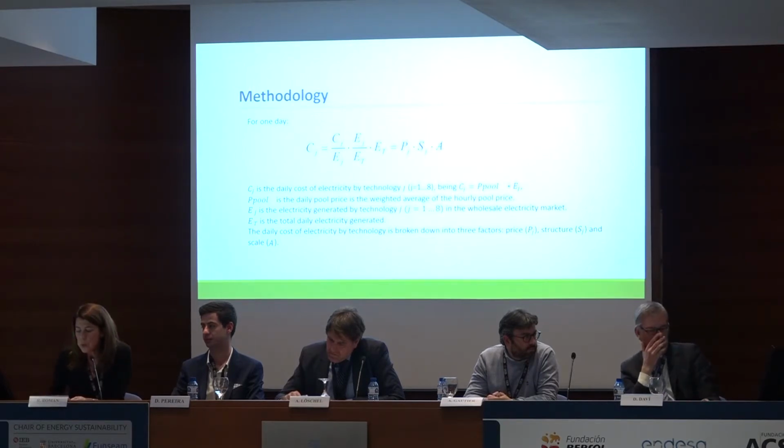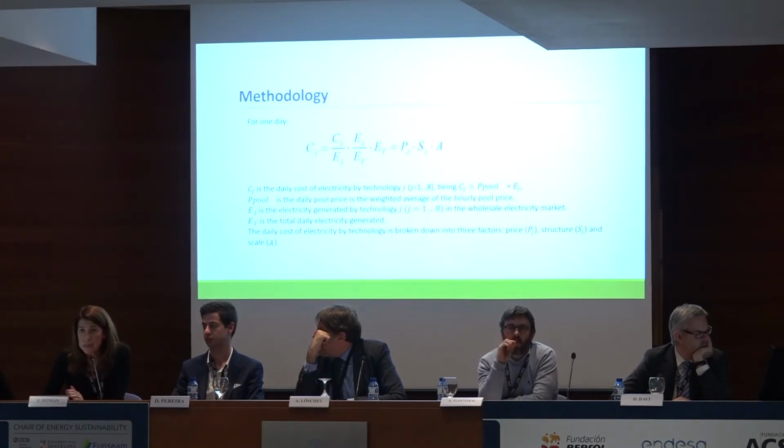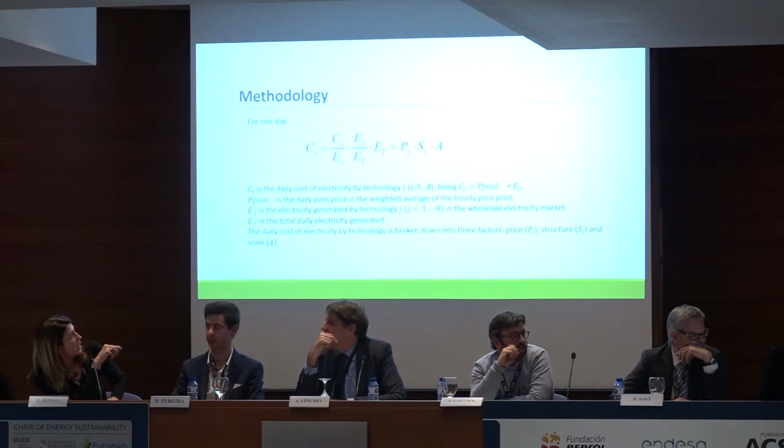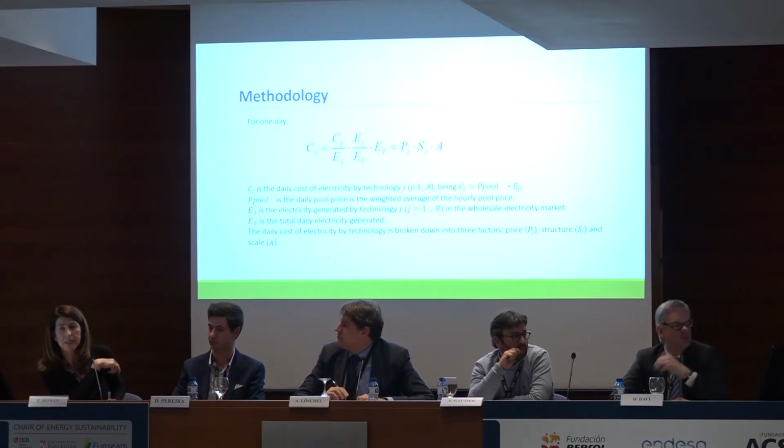So we can decompose this cost into 3 factors. The first one is the cost of electricity of one day of one technology in terms of the units of electricity generated by that technology. The second factor is the relative weight of the electricity generated by one technology with respect to the total electricity generated in that day. And finally, we have the total electricity generated in that day. So we have 3 factors, which we name price factor, structure factor, and scale factor.